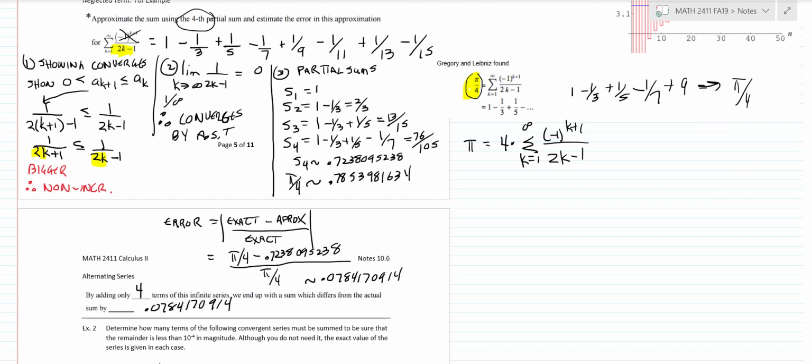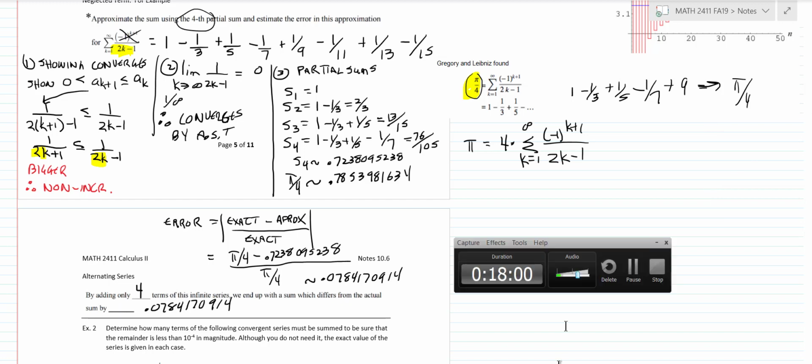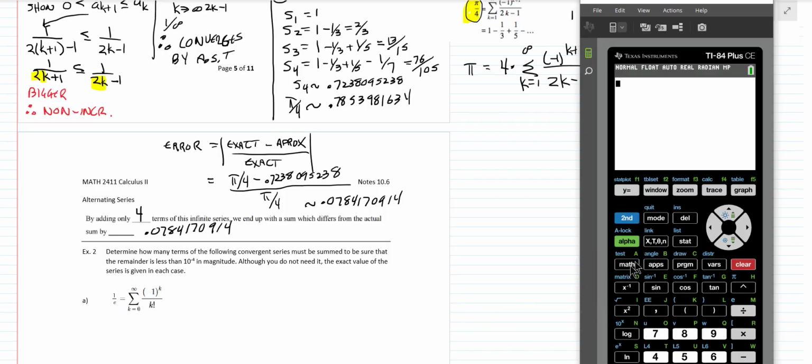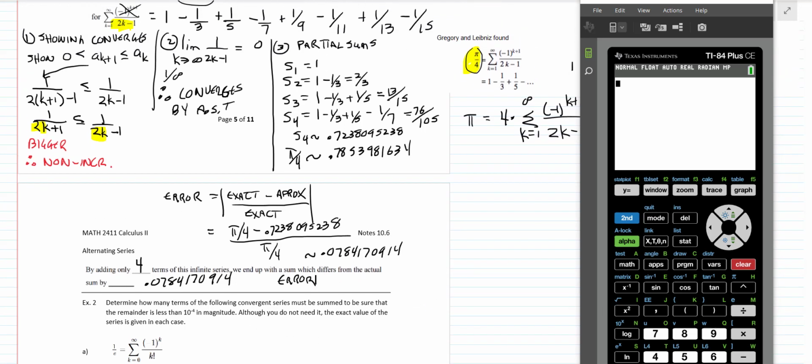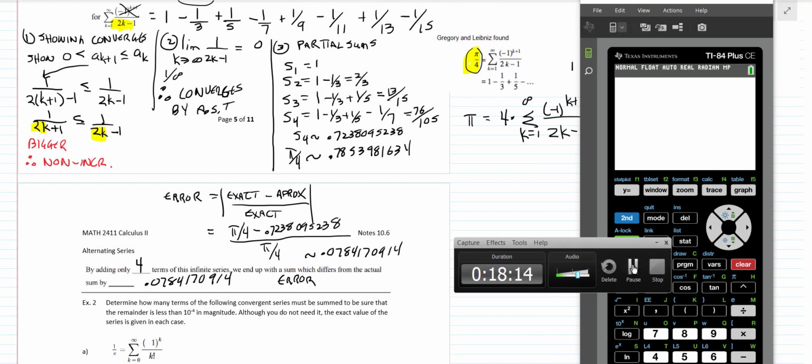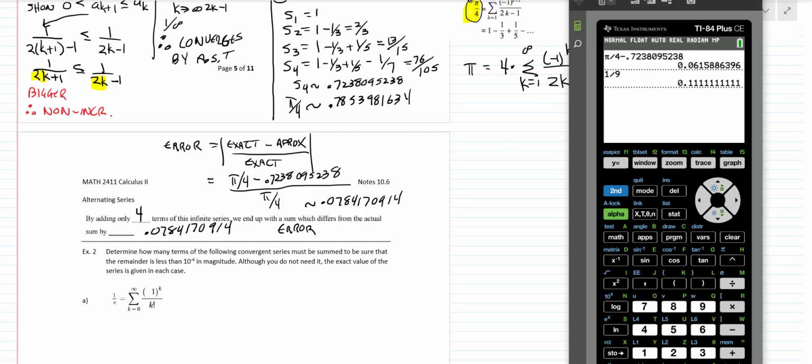Okay, going to pause this for a second. I wanted to show you one other thing before I leave this problem. What we just did is the error in approximation, and that'll be less than the next term.